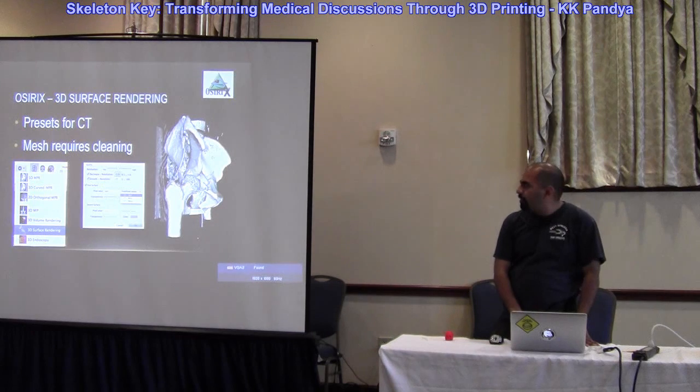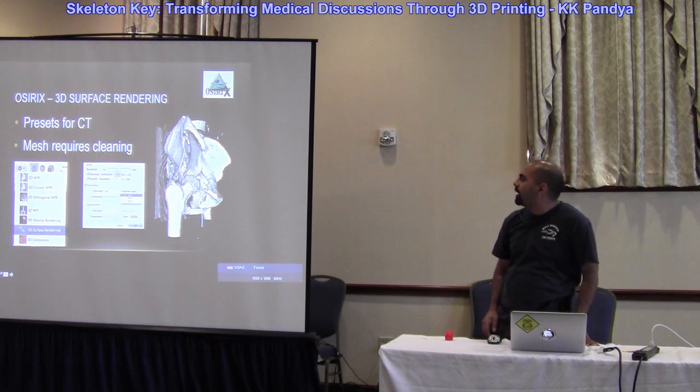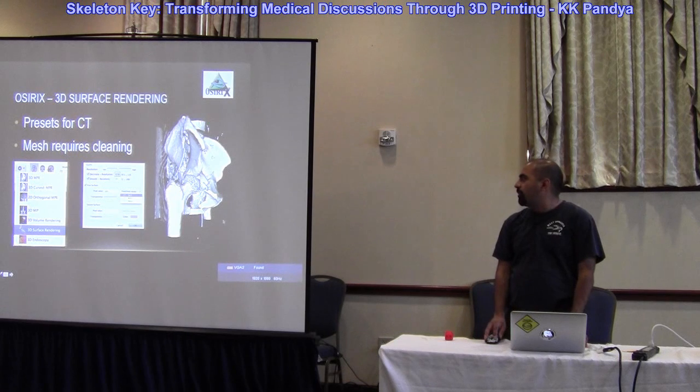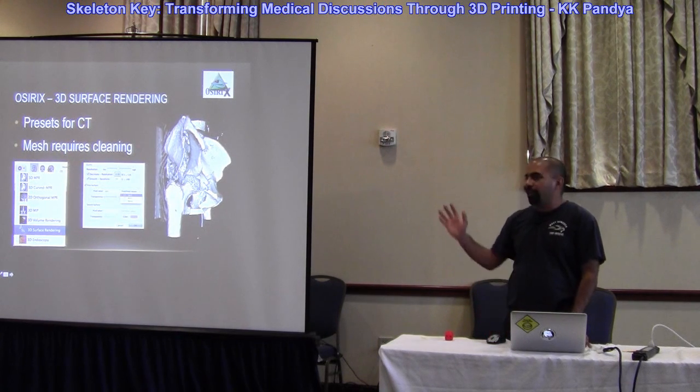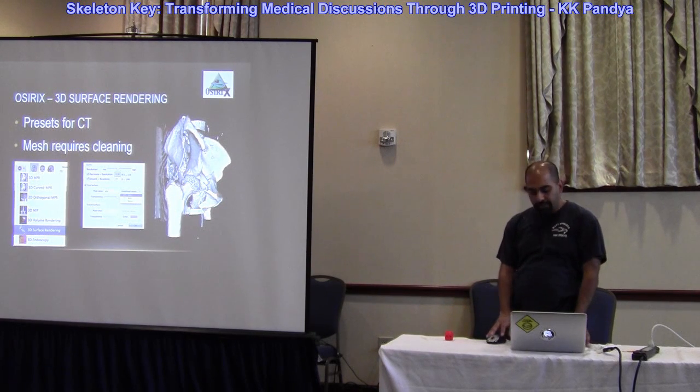Osirix also has some presets built in that work decently well, but require some cleaning up for doing surface renderings. So you pick a density of tissue, and Osirix will build a surface model out of that. And that can be exported into a 3D printing workflow.